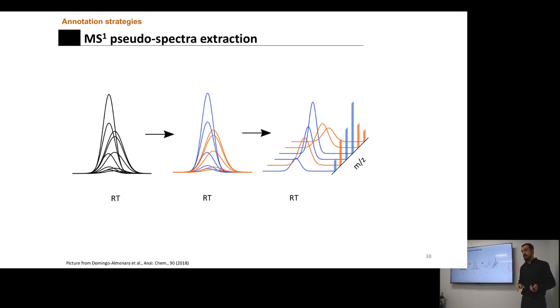Let's first start with MS1 pseudo-spectral extraction. As I said, we have different features that stem from the same metabolite, so we need an algorithm that is capable of distinguishing which features stem from each metabolite and extracting what we call an MS1 pseudospectrum that is composed of all the features that stem from each metabolite.